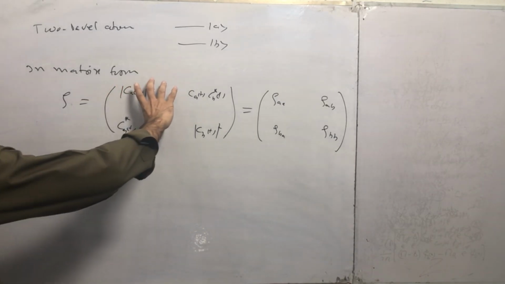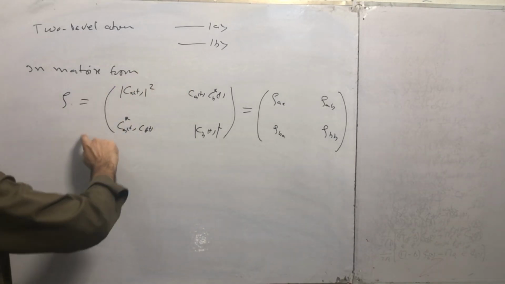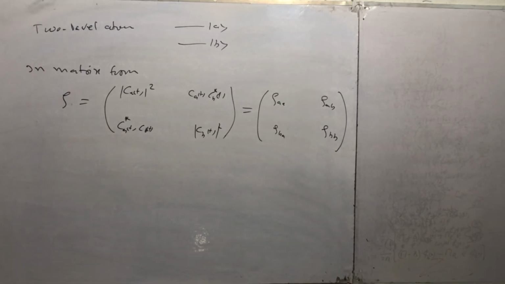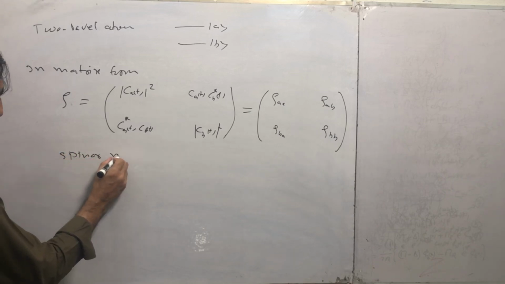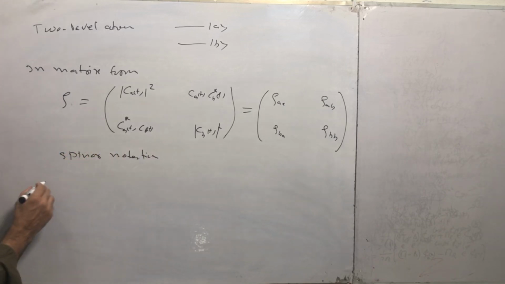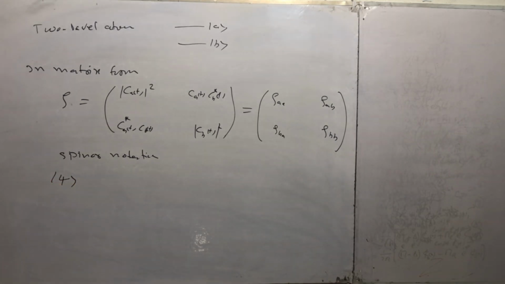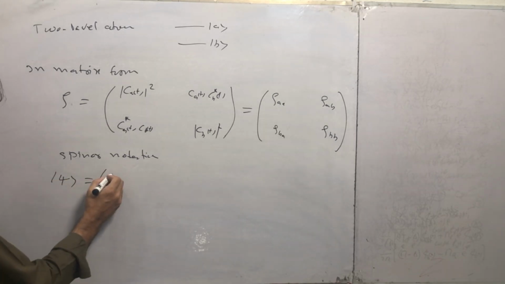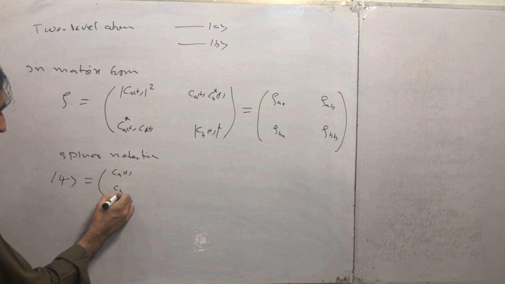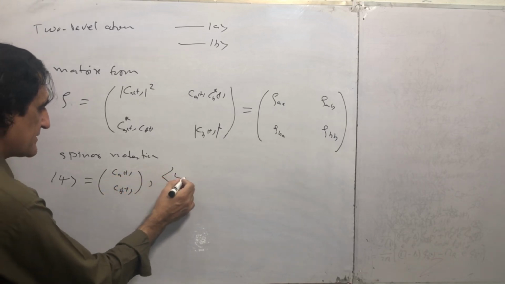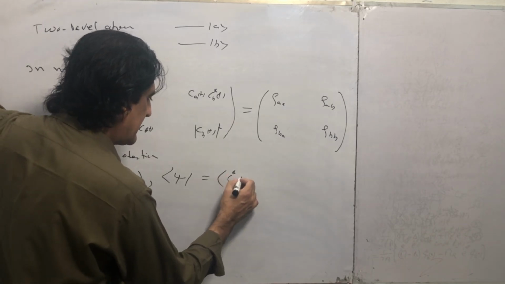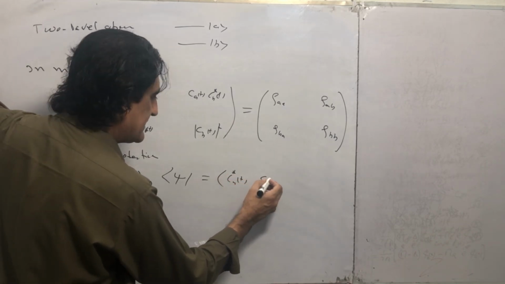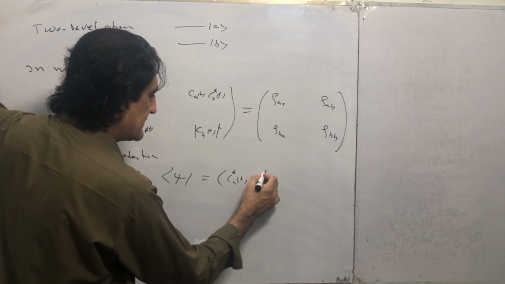And how can we write this rho in this matrix form? For this, we can use the spinor notation. In spinor notation, psi can be written as Ca of t and Cb of t as a column, and this bra we can write as Ca of t star and Cb of t star as a row.